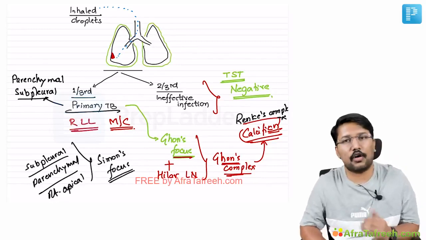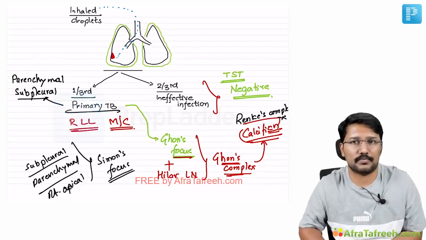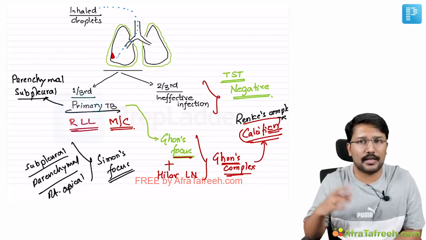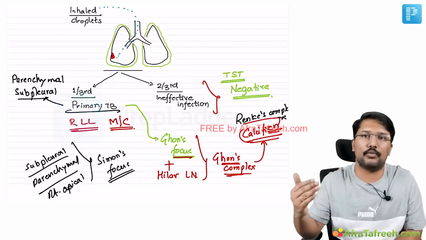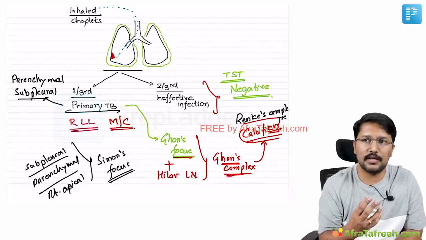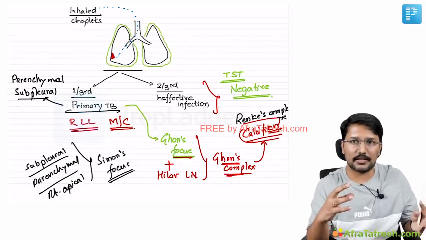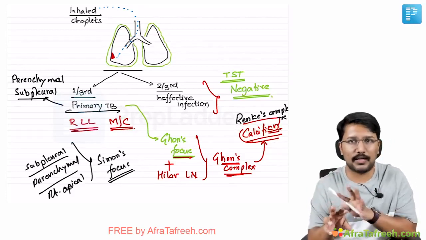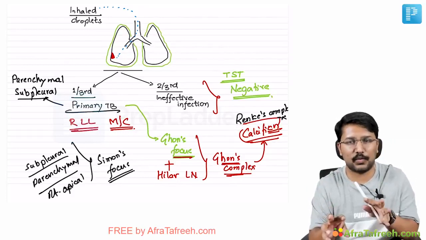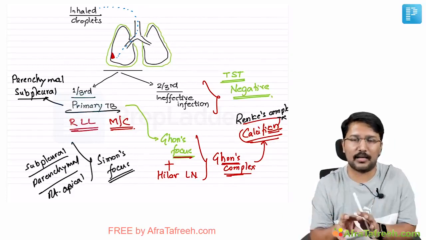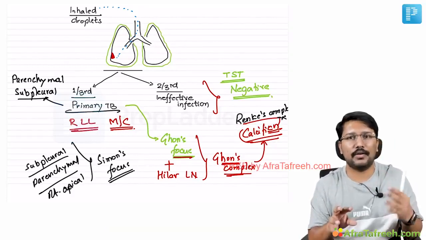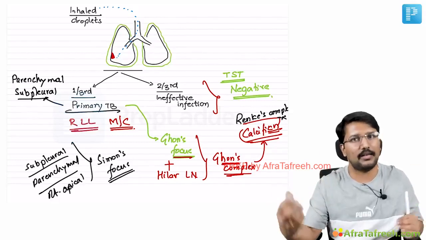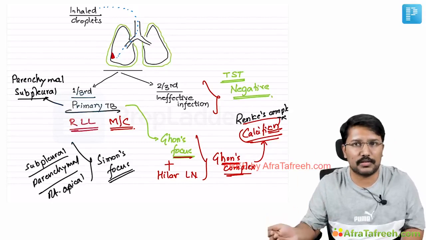So this Simon's focus is often called the secondary complex or the secondary focus. This is not the secondary infection, so keep that in mind. Secondary infection is the activation of latent tuberculosis. So you have a primary tuberculosis which either heals with calcification or becomes a latent tuberculosis. There is an active granuloma but walled off by the activated macrophages and Th1 response. So the infection spread is contained, and eventually when the cell-mediated immunity drops down, this gets activated, and that's what we call secondary tuberculosis, right?